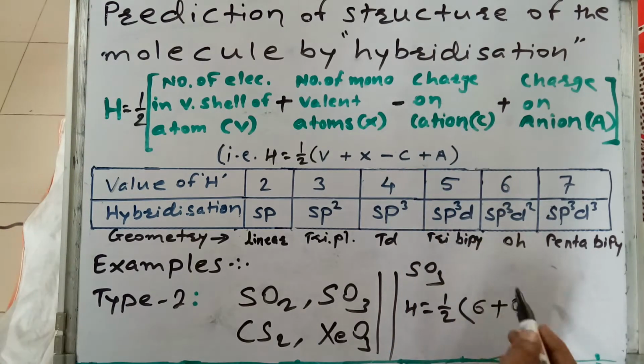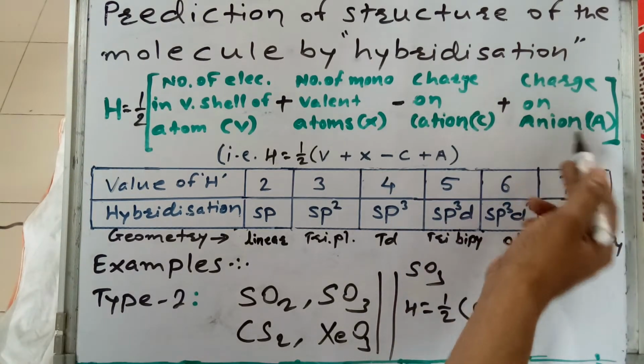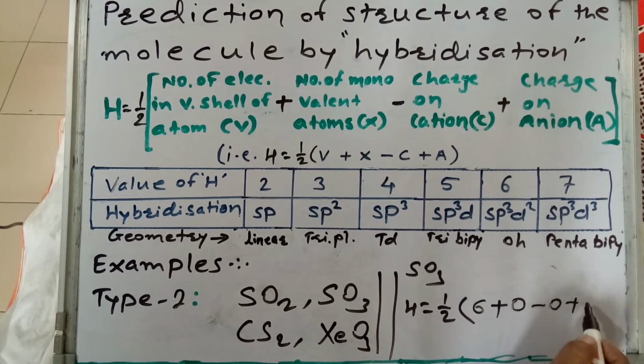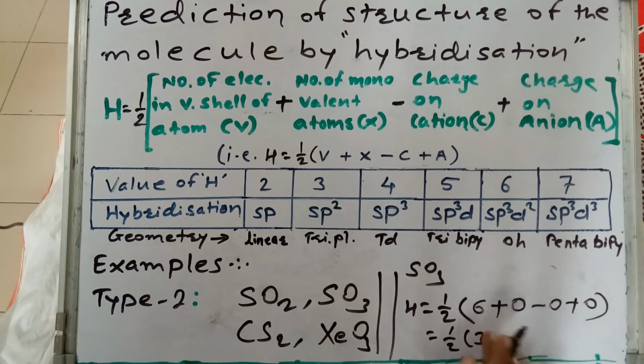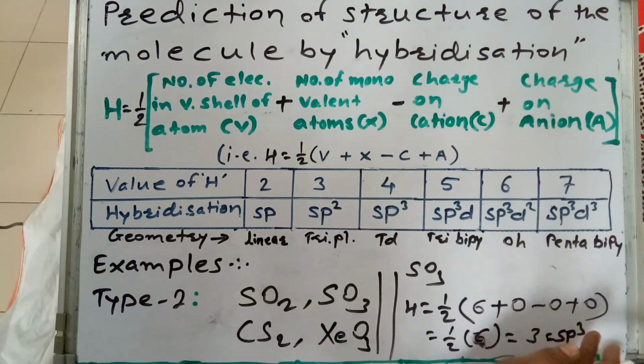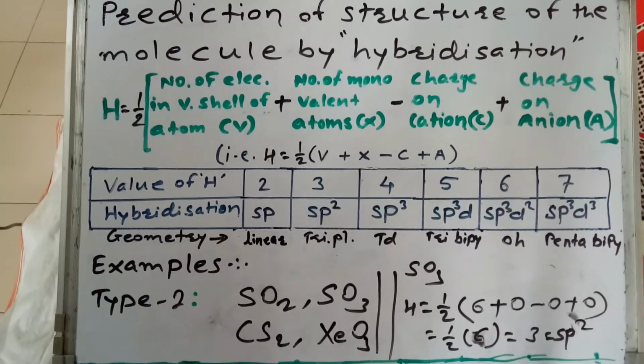There is no positive charge and no negative charge, so no charge on cation or anion. So half of 6, the answer comes 3. Here the number is 3, so the hybridization is sp2.